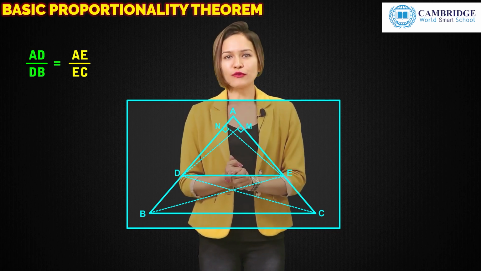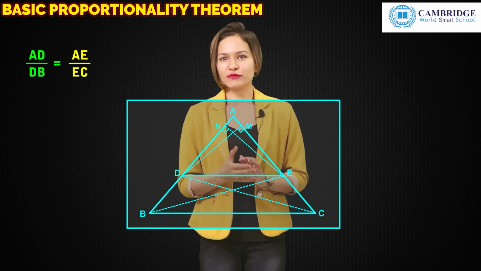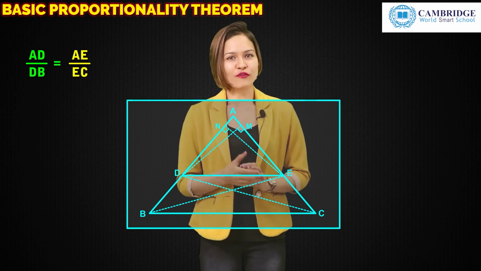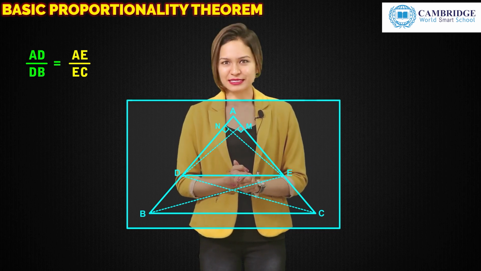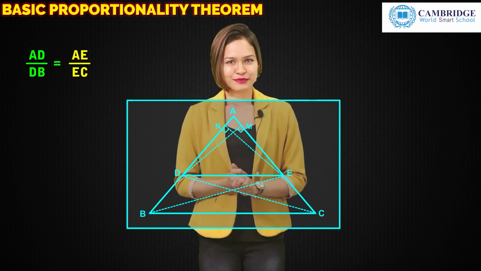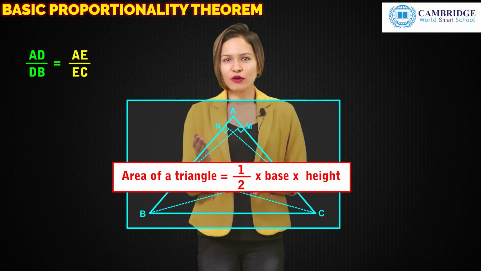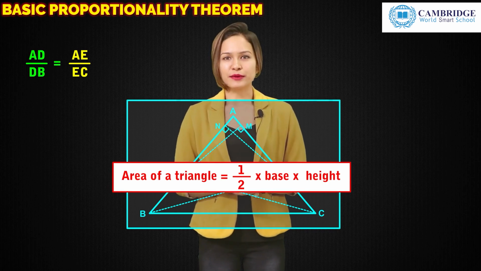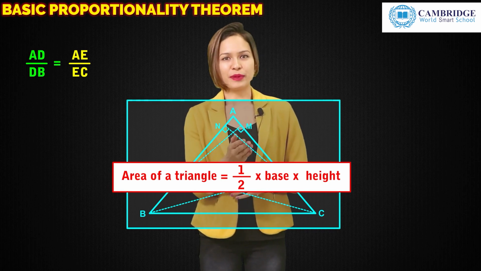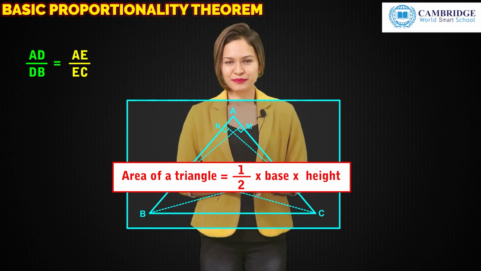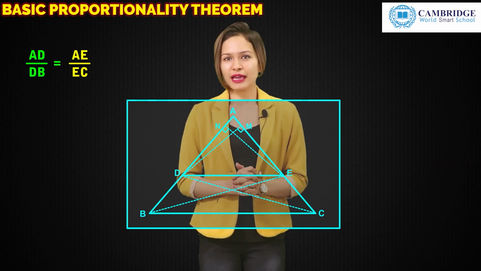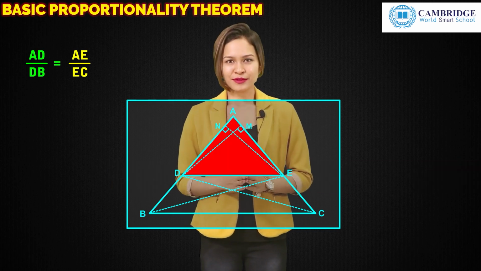Can you recall the formula to calculate the area of a triangle? You have already studied that in your previous classes. Yes, area of a triangle can be calculated by half into base into height. Now, can you tell me the area of triangle ADE?